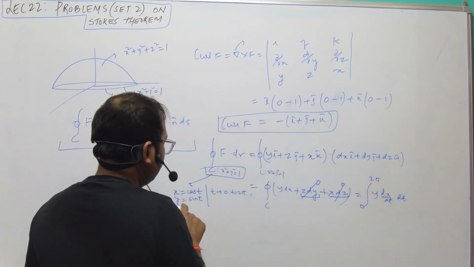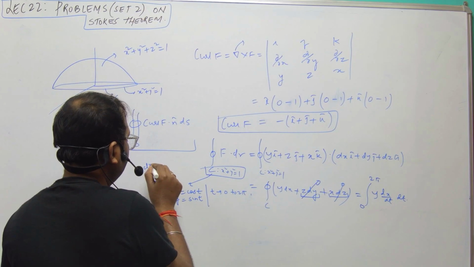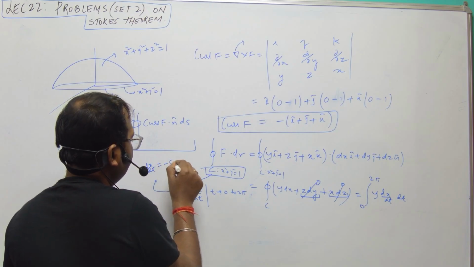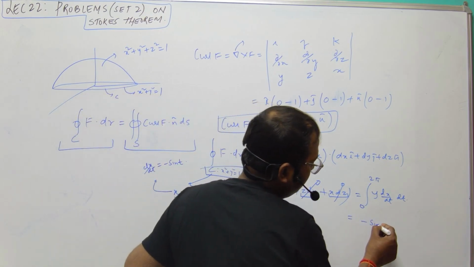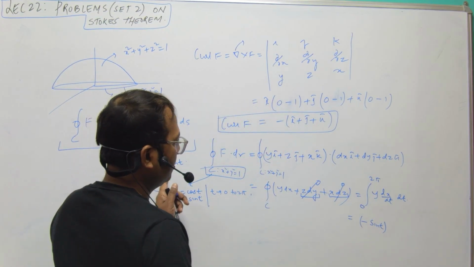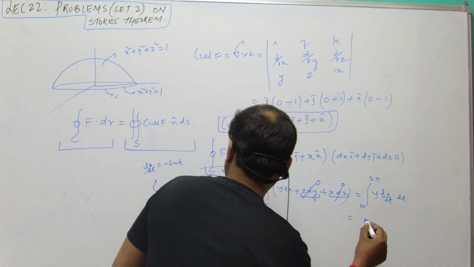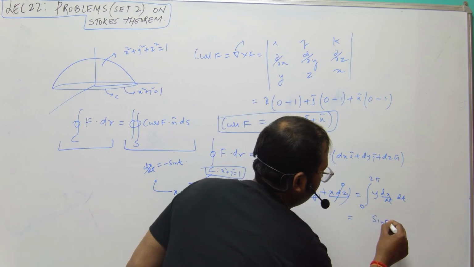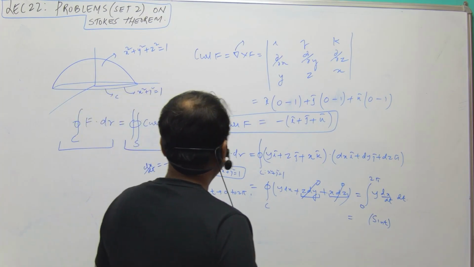The value of y is sin t, and dx upon dt is equal to minus sin t. So the value of y is sin t into dx upon dt, which is minus sin t.